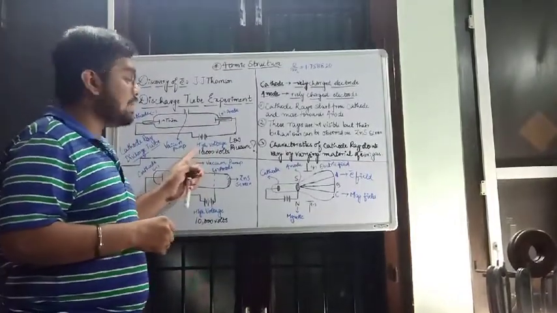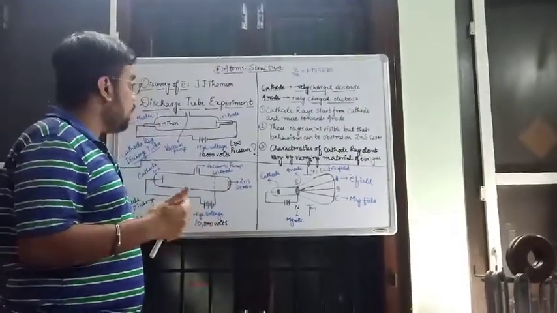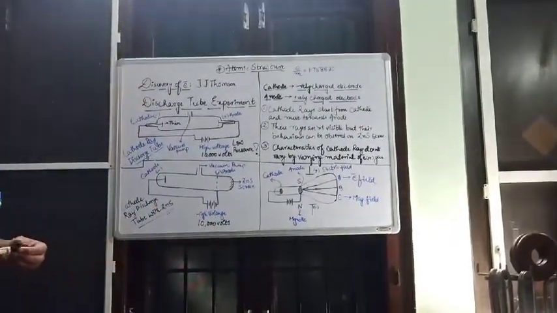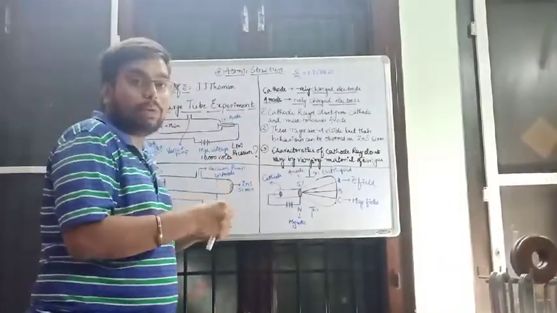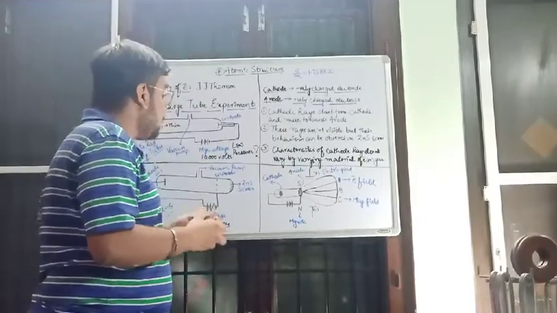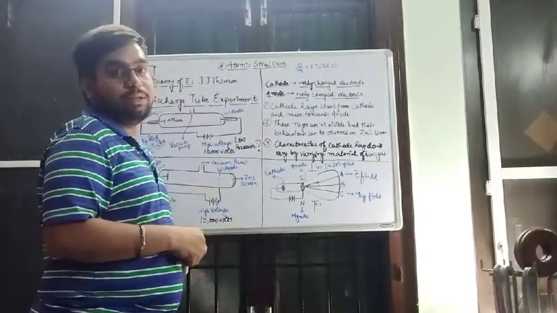Okay, high voltage is understandable, but why low pressure? What will low pressure do? So low pressure creates gaps between the atoms, through which the conductivity of gases is increased.